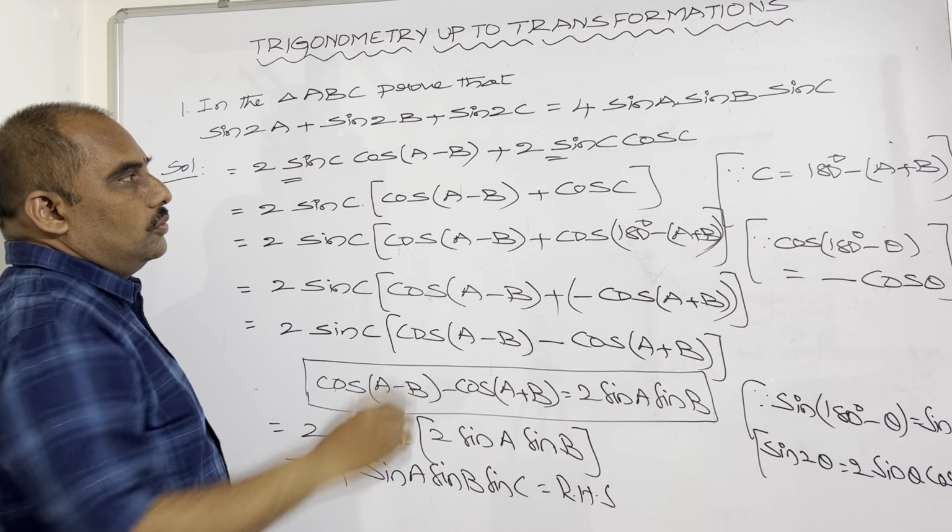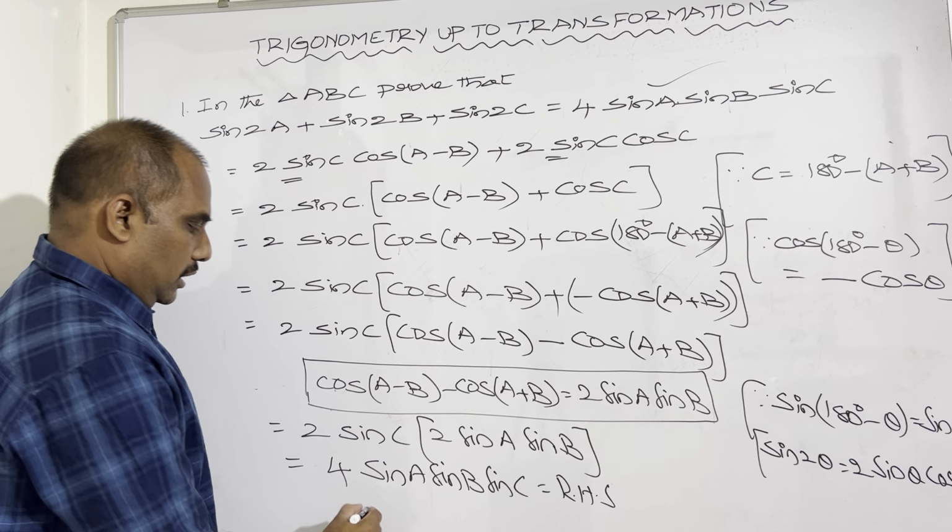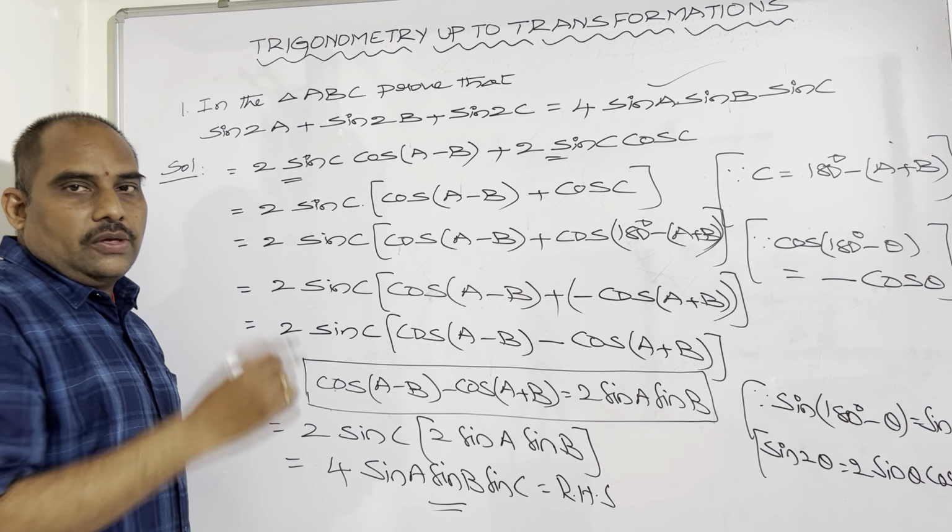Thus sin 2A + sin 2B + sin 2C = 4 sin A sin B sin C, which is the final solution.